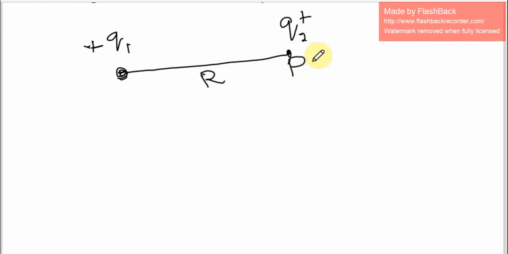I have to push and push and push until it is brought close to Q1. Of course, I feel difficulty in pushing to bring it to point P, which is at a very small distance r from Q1.